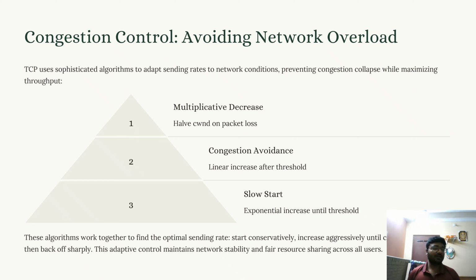Think of rush hour traffic. If the roads get jammed, fewer cars are allowed through until things clear up. TCP learns from network feedback and adapts, preventing overload and making sure everyone gets a fair share of bandwidth. This ensures quality connections for all users, whether you are gaming, streaming, or working remotely.